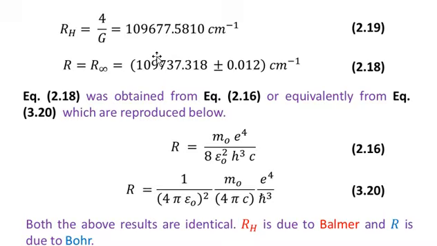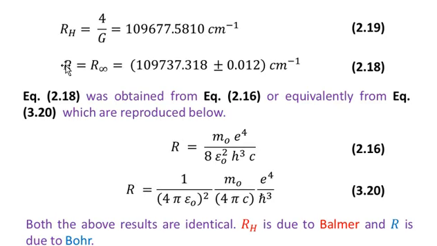Where is the problem? Since the RH value given in equation number 2.19 completely satisfies the spectroscopic data obtained from the Bohr series, it means that this RH value satisfies fully the experimental data. So we assume that the RH value is an absolutely correct value.